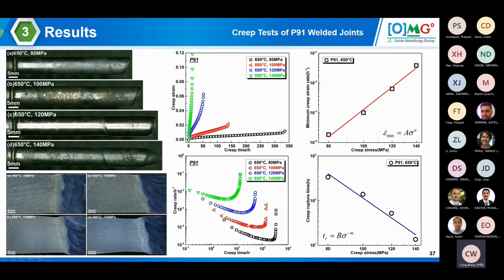And here I'm going to show a few images of the creep samples. We have done accelerated testing at 80 megapascal, 100, 120, and 140 megapascal, and we are able to generate very standard creep testing.